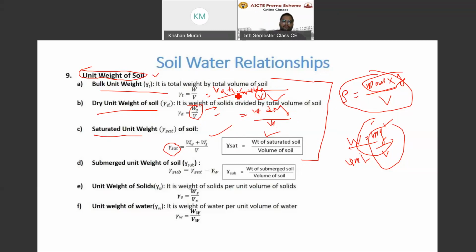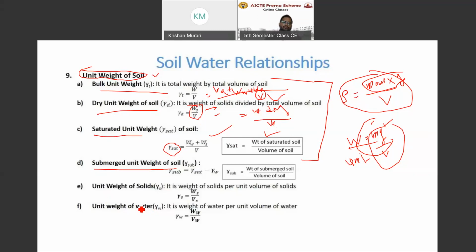Now the next term is submerged unit weight. What is the submerged unit weight? If a soil is existing below the water level, like in a swimming pool, or a river bed where the river is flowing, that means the soil is submerged by the water. Here some water is filled over that particular soil, and that is called submerged soil.